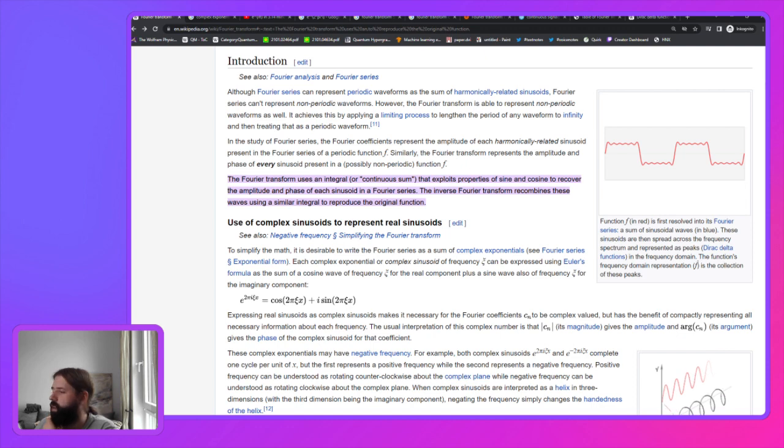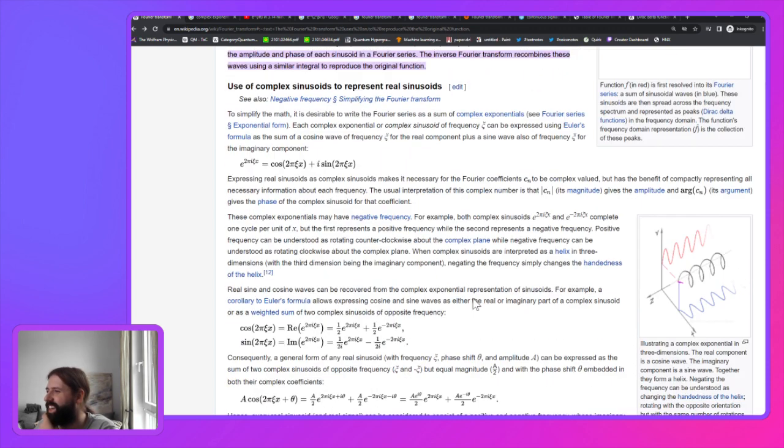This thing with the Dirac delta functions is a little dirty trick, man. It's definitely a little dirty trick. I like it.